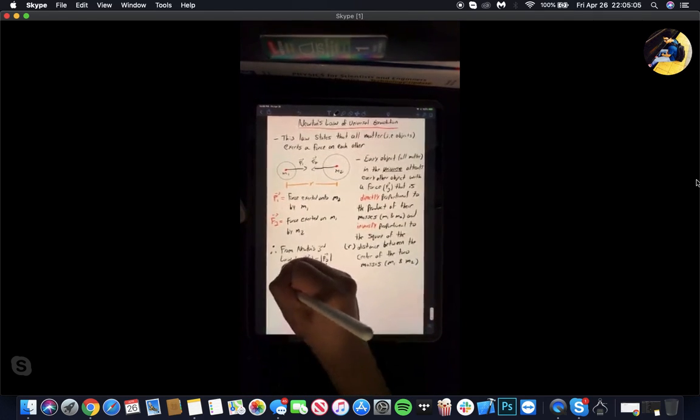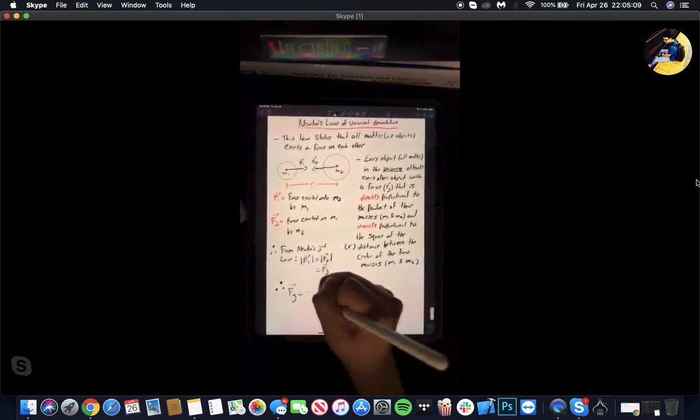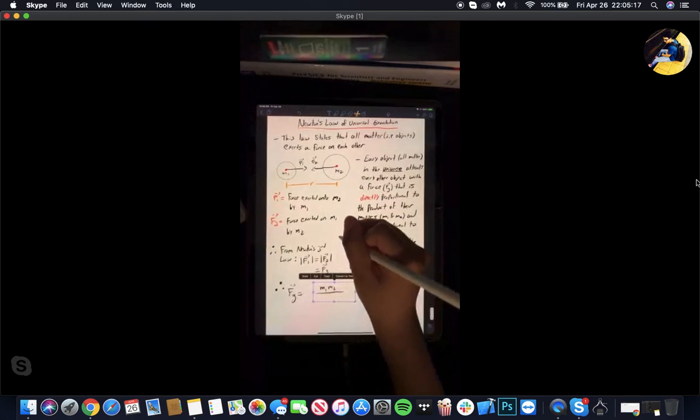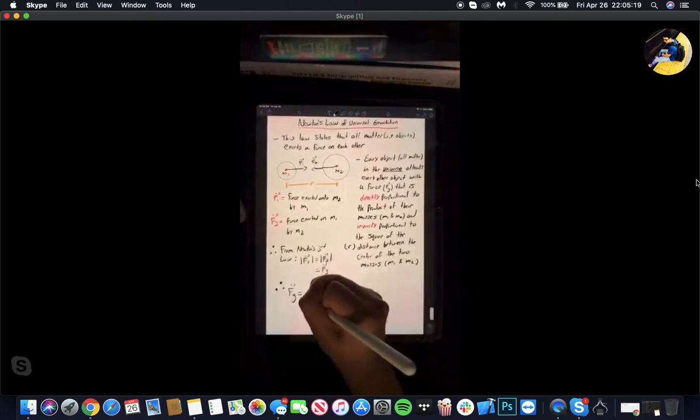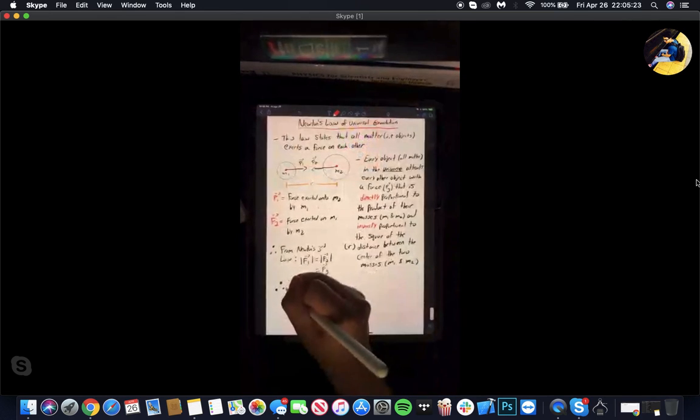The equation for this law is F_G equals G times M1 times M2 over R squared. You can't forget the universal gravitational constant, the big G. This is your formula. So the big G, what does that stand for?